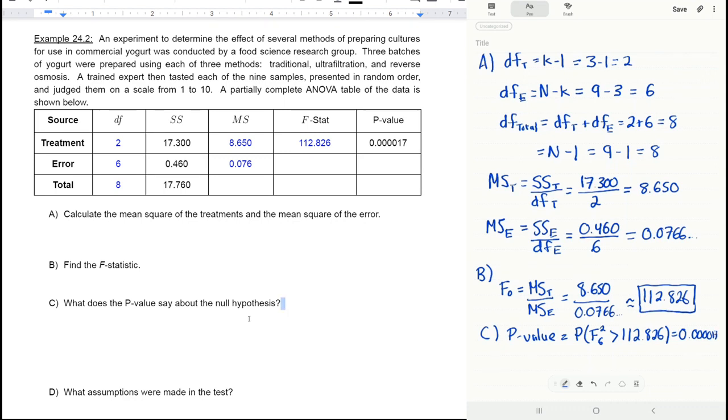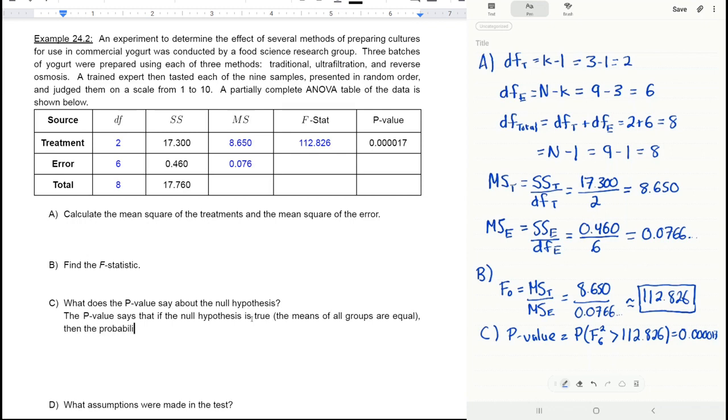So what is the interpretation of the p-value? The p-value says that if the null hypothesis is true, remember that for the null hypothesis of the ANOVA test, we assume that the means of all groups are equal, then the probability of observing our sample statistic, or more extreme than our observed statistic, is 0.000017.